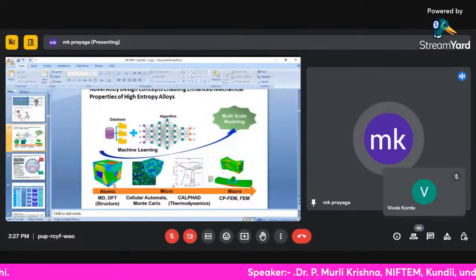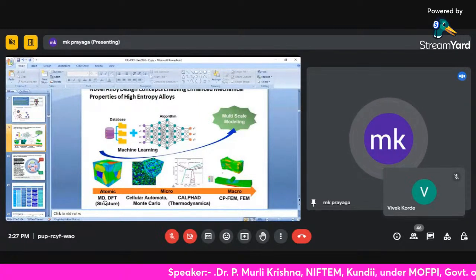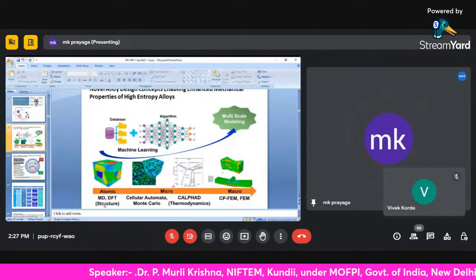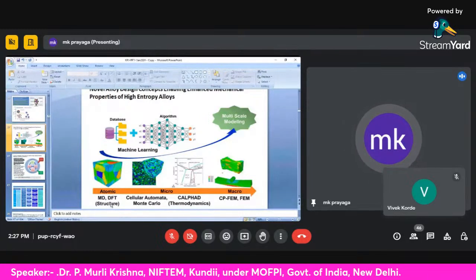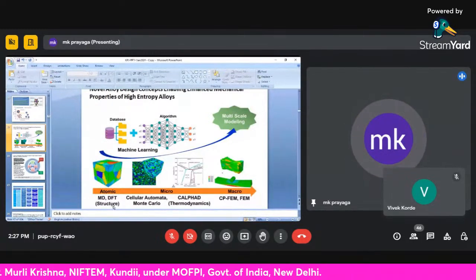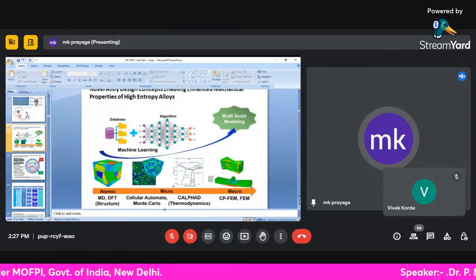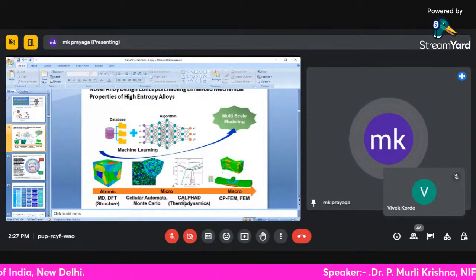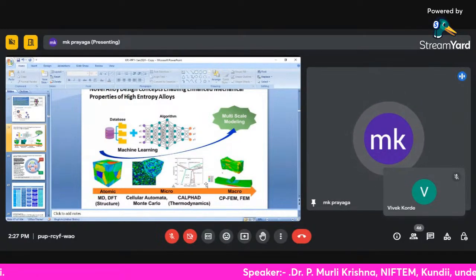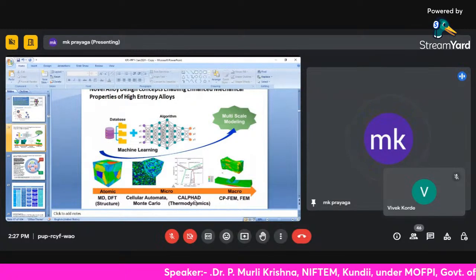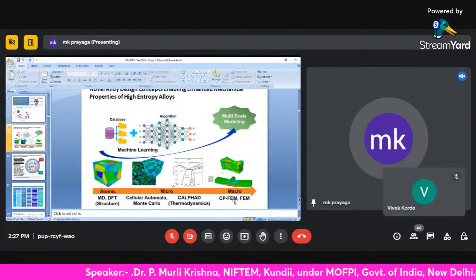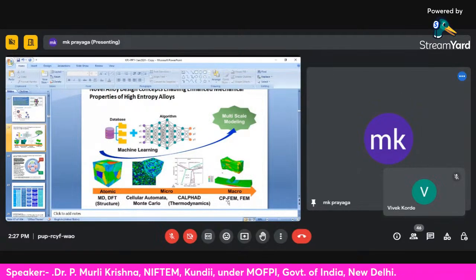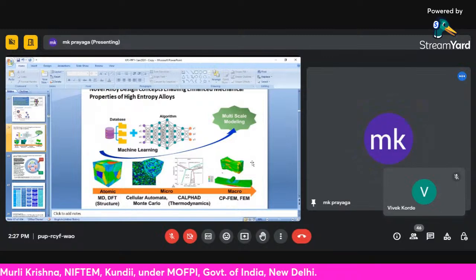And of course these modeling techniques start initially from atomic scale tuning, like DFT theory. From DFT theory, they can go for Monte Carlo approximations, then calculated phase approximation dynamics, then phase-field, then FEM.